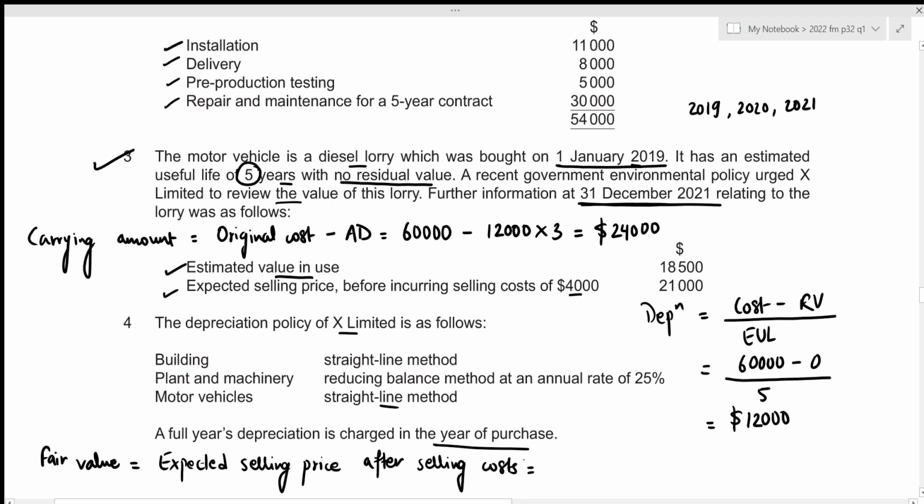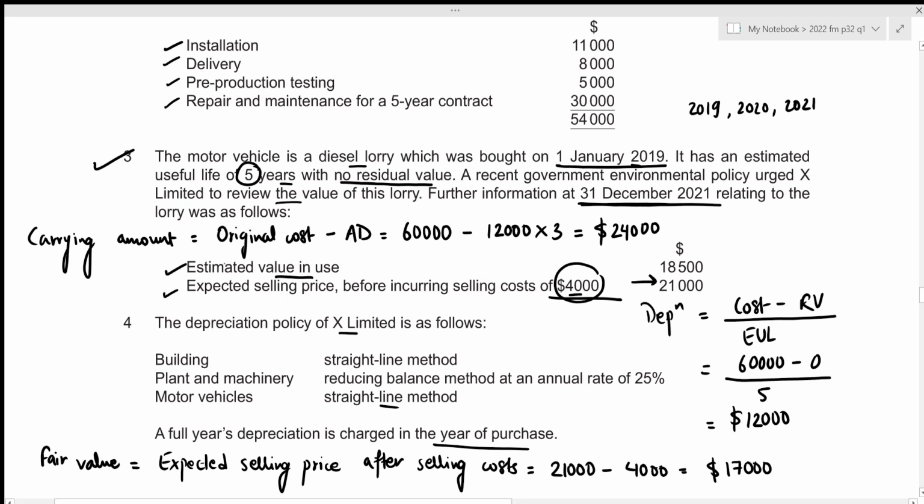And in this case, we can see that our expected selling price is given to be 21,000, but this also includes our selling cost, right? This is before incurring selling costs. So we just need to subtract this selling cost from our expected selling price in order to figure out the fair value. That's going to be 21,000 minus 4,000, which results in the value of 17,000.